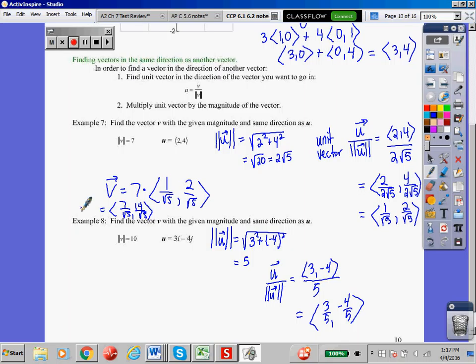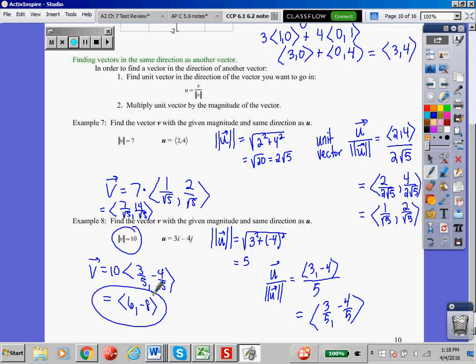Step 2, multiply this new unit vector by the magnitude of the given one. So vector v is going to be 10 times 3/5, negative 4/5. Well, if I multiply by 10, that goes in there 2 times, that's 6, negative 8. So that's the final answer.